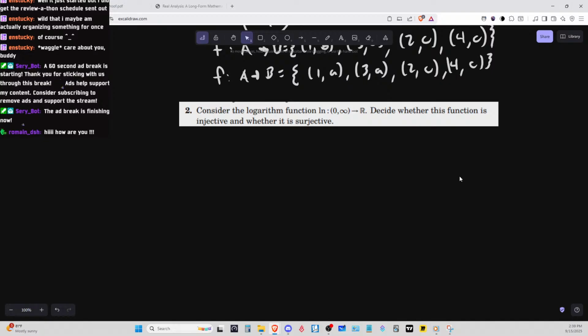Okay, consider the logarithm function, the natural log, from 0 to infinity to the real numbers. Decide whether this function is injective and whether it's surjective. Okay.